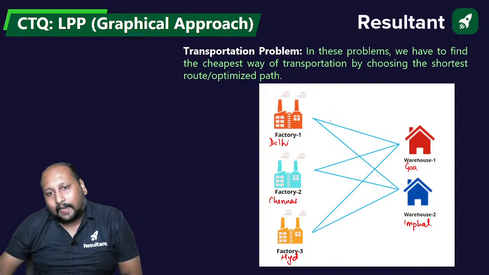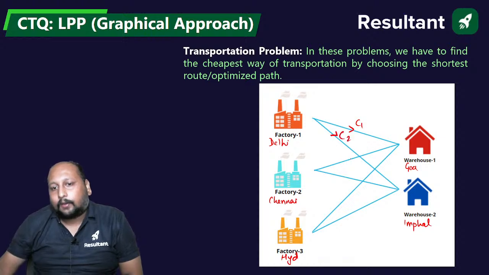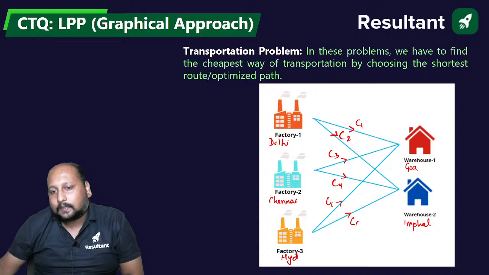To send one item from Delhi to Goa will cost, let's say, C1. From Delhi to Imphal, C2. From Chennai to Goa, C3. From Chennai to Imphal, C4. From Hyderabad to Goa, C5, and from Hyderabad to Imphal, C6.